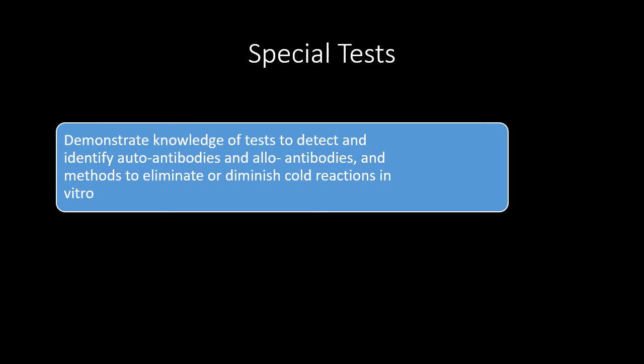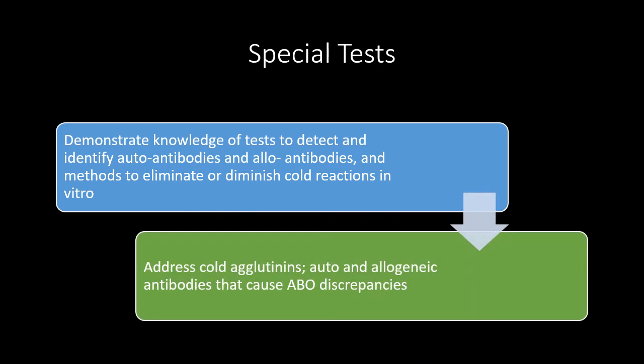In vivo is in the body, in vitro is in the tube. Address cold agglutinins, auto, and allo antibodies that cause ABO discrepancies. So now we're going to talk about some tests that can help you achieve that goal of knowing how to get rid of cold antibodies or eliminate the reactions, and how to identify the auto and allo antibodies.